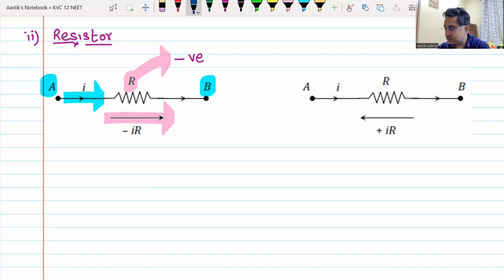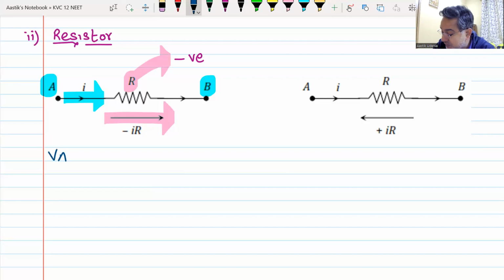Minus R is equal to VA. Can anyone help me in writing the equation? No one knows it? Okay.